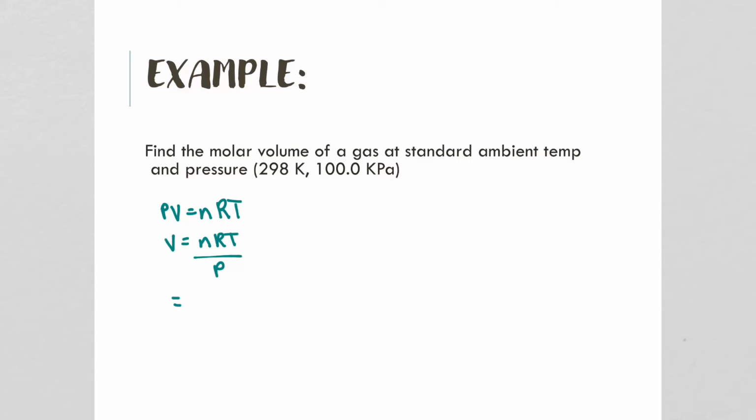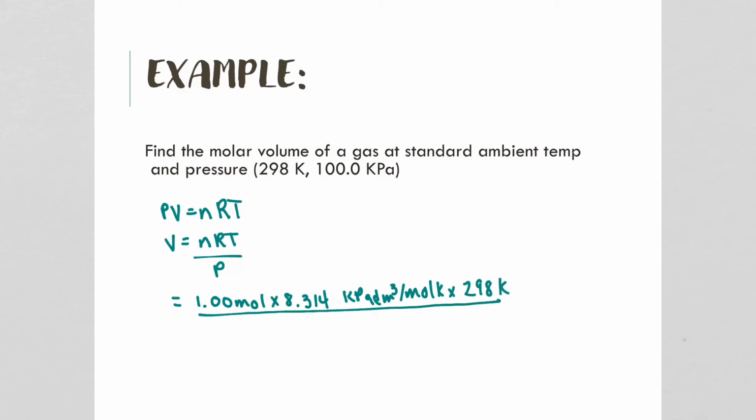So we want to know the molar volume of a gas at standard ambient temperature. So the moles would be 1 mole times the R value, which is 8.314 kPa decimeters cubed per mole Kelvin, times 298 Kelvin, all over the pressure, which is 100.0 kilopascals.